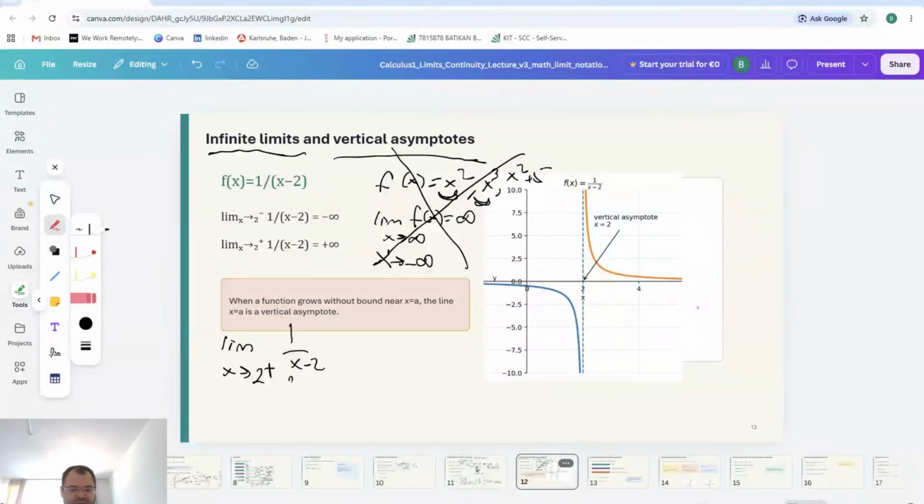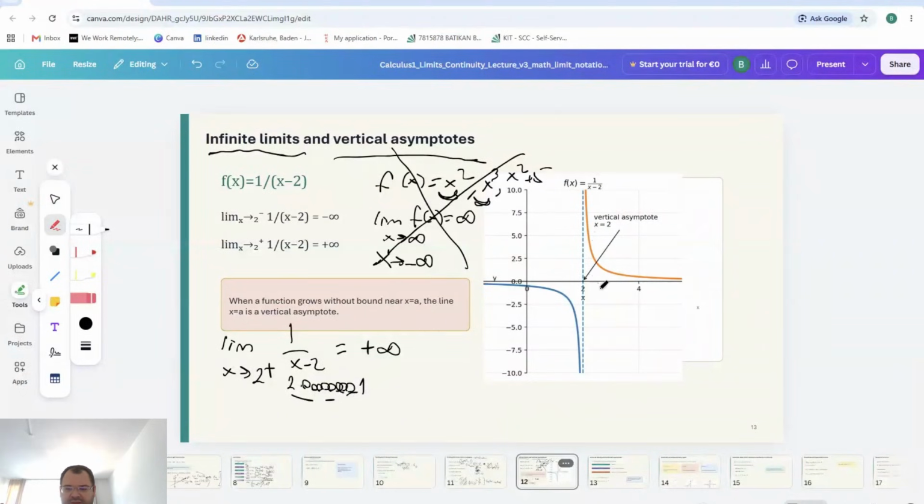For example, you are using a value like 2.000000001. So when you subtract 2 from this value, you end up with a very small positive number in the denominator. And when you invert that, you end up with a very big positive number, which is plus infinity.